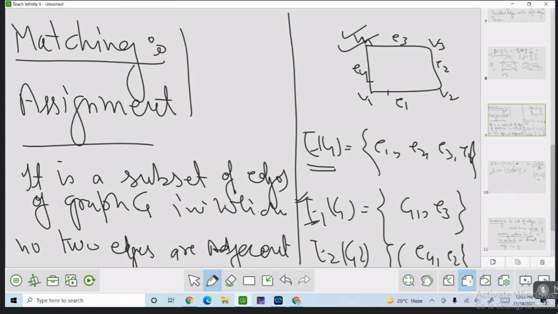But if we take E1 and E3, in this graph, if you take the set of E1 and E3, every vertex of G is incident on at least one edge.